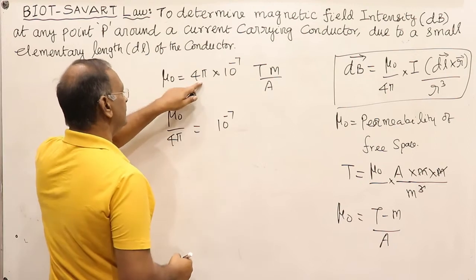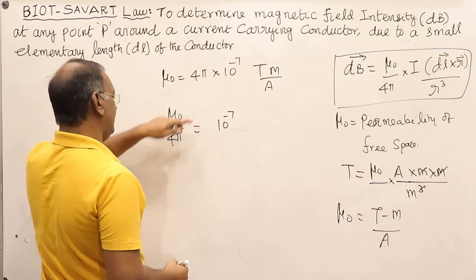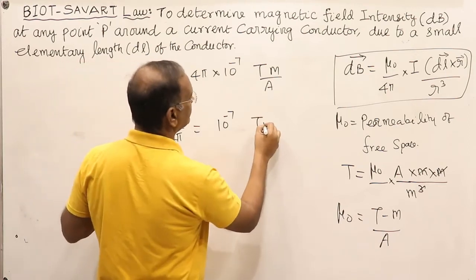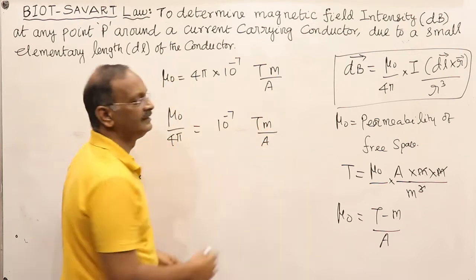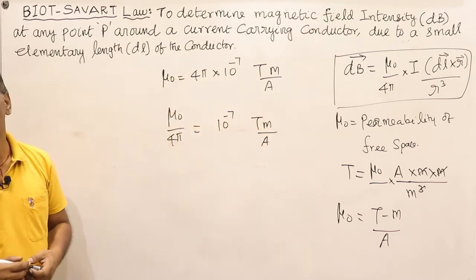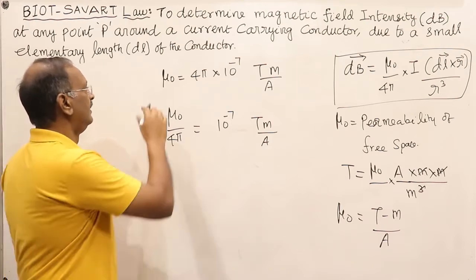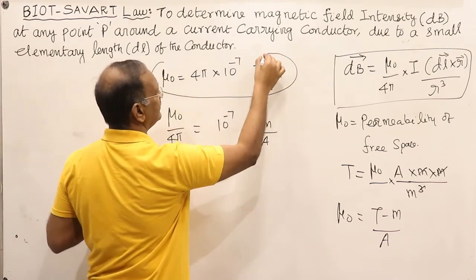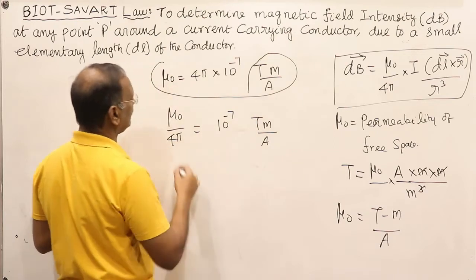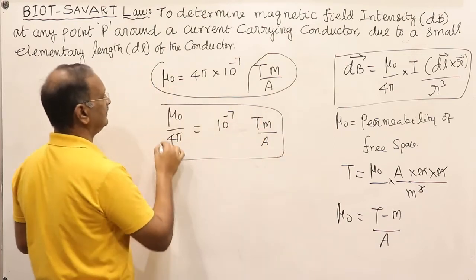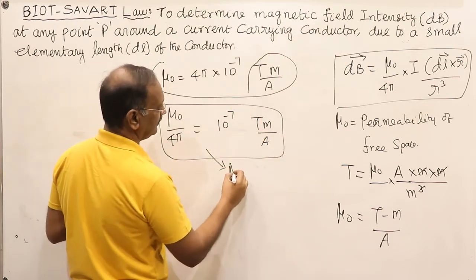Here also this does not have any unit, so the same thing is applicable. So Tm divided by A. The unit of permeability of free space is this one, and the value of this is the numerical value.